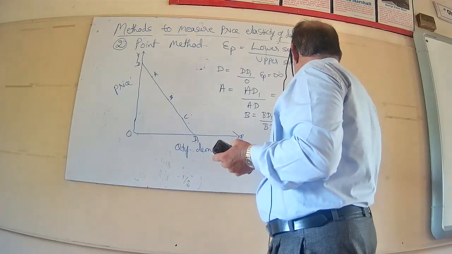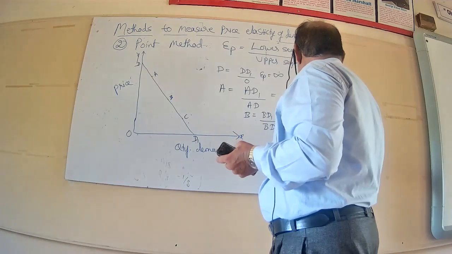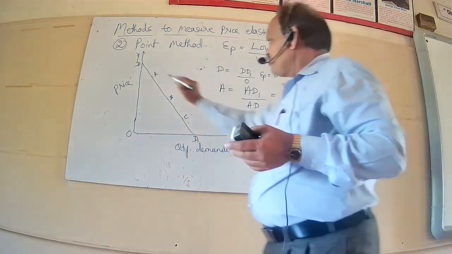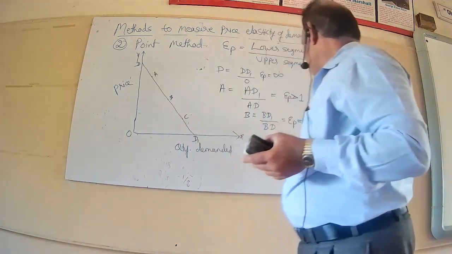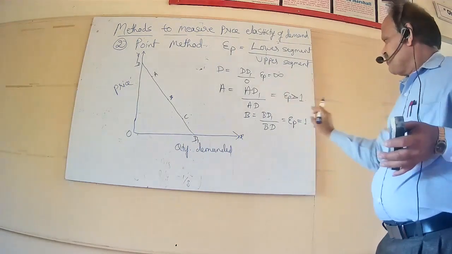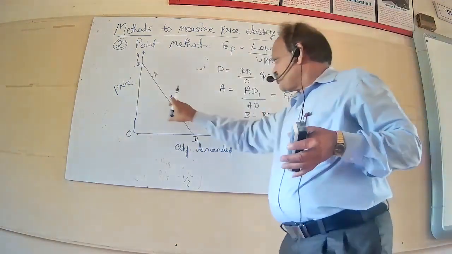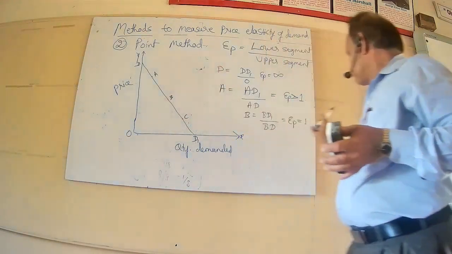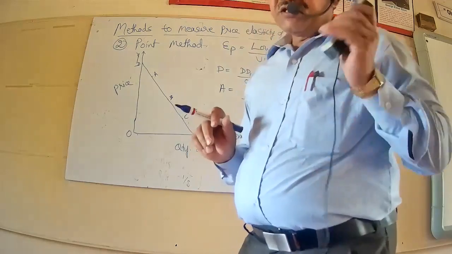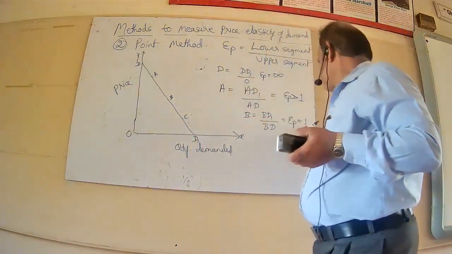Therefore, the value of EP is equal to 1. BD1 divided by DB or BD. Since both the portions are equal, price elasticity at point B will be equal to 1. If the value is 1, it is the type of unitary elastic demand.